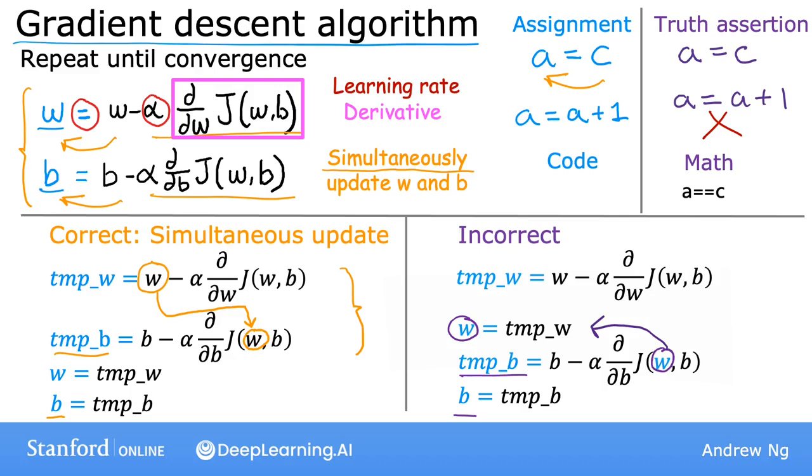If, however, you were to implement non-simultaneous update, it turns out it will probably work more or less anyway, but doing it this way isn't really the correct way to implement it. It's actually some other algorithm with different properties. So I would advise you to just stick to the correct simultaneous update and not use this incorrect version on the right. So that's gradient descent.